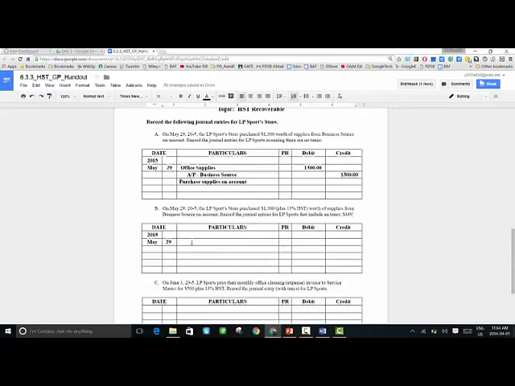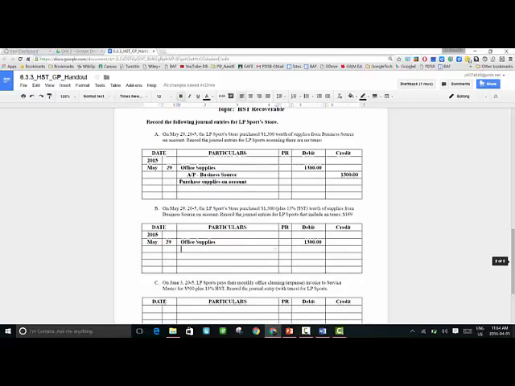Going back here then, the value of the office supplies hasn't changed. We still only received $1,300, even though we paid $1,469, so $1,300 plus $169. We only received $1,300 worth of office supplies, so we have to list it that way.